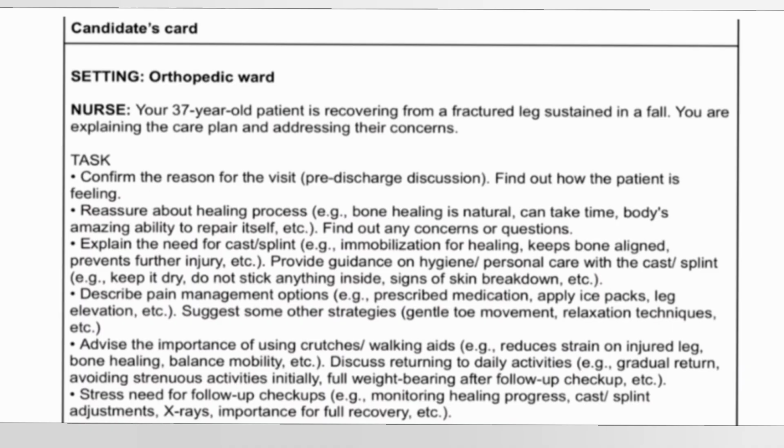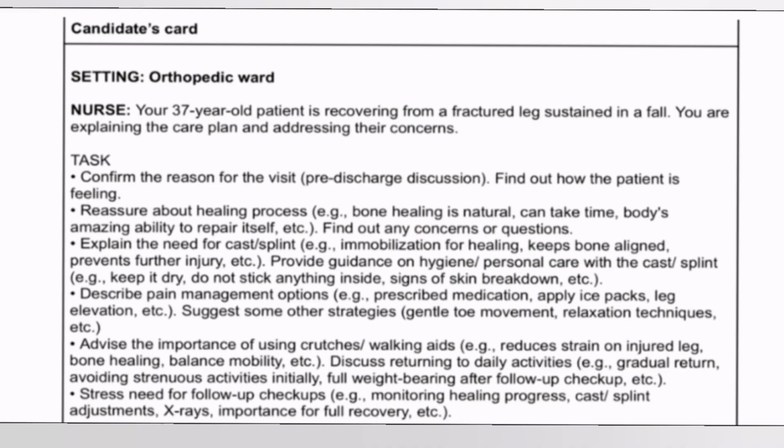With this, you can do daily activity with gradual return and avoid some stagnant activity initially, but after your follow-up you can bear full weight on your leg. So is that clear to you?